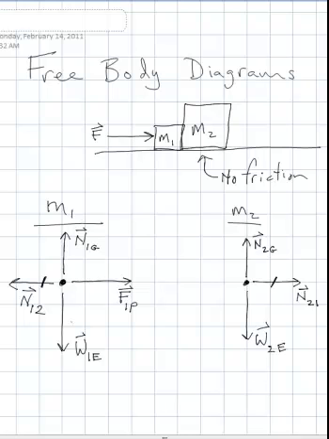You'd have to have a free body diagram for the Earth with the force on it due to mass 1, and then you could have a Newton's third law pair. But it's not a Newton's third law pair with a normal force. That's a common misunderstanding. So that concludes our free body diagrams for this situation. We'll look at another one in video 3.